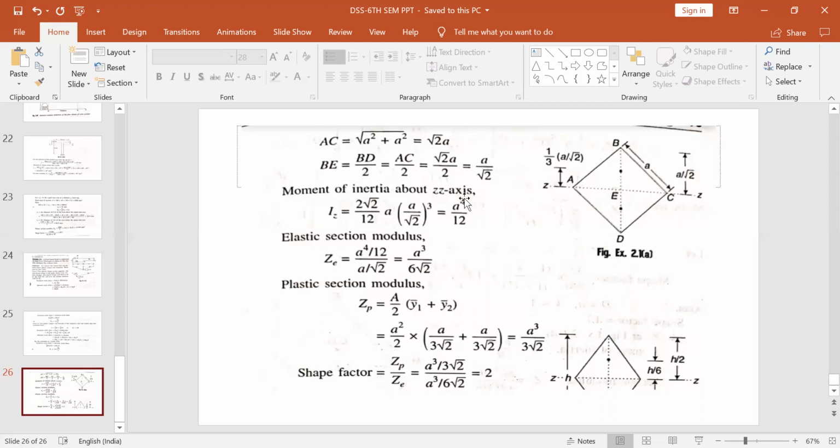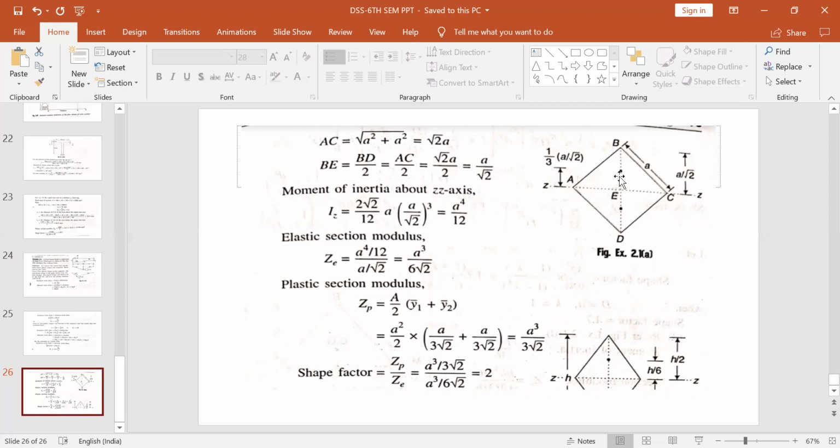So what is the moment of inertia about Z? Now the moment of inertia about this axis will be bd cube by 12. So this will be 2 into root 2 A, the side AC, into A by root 2, cubed, by 12.